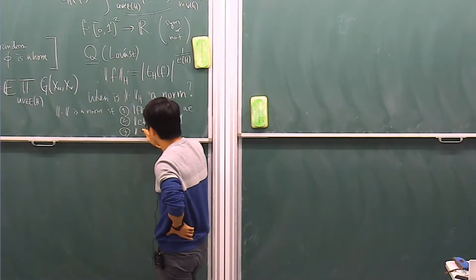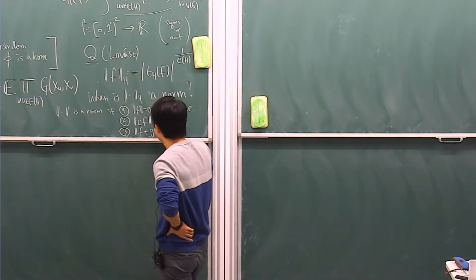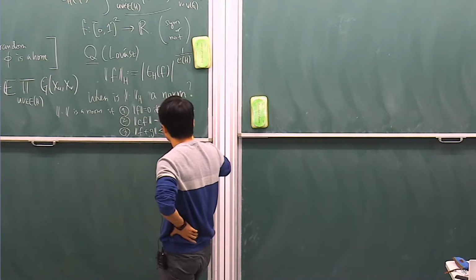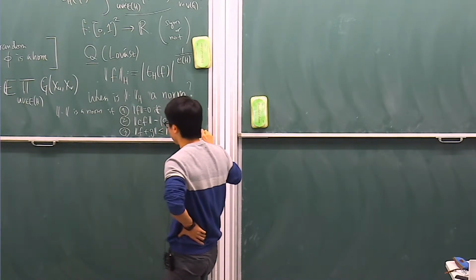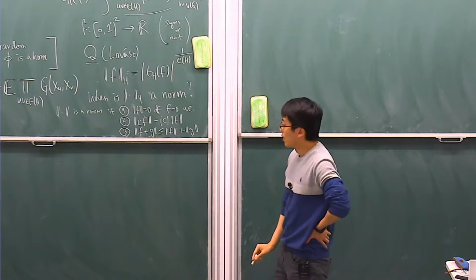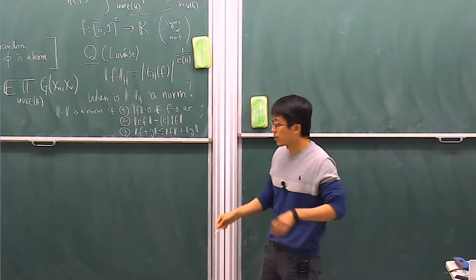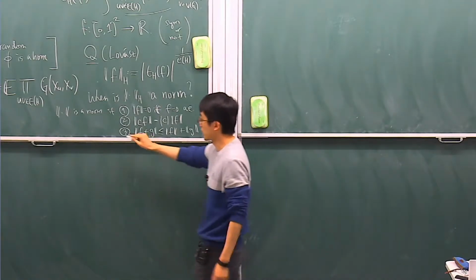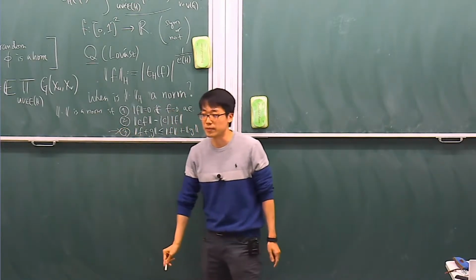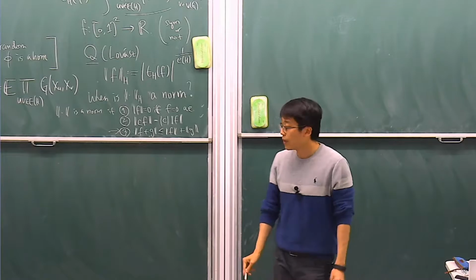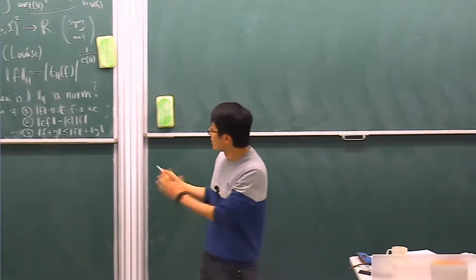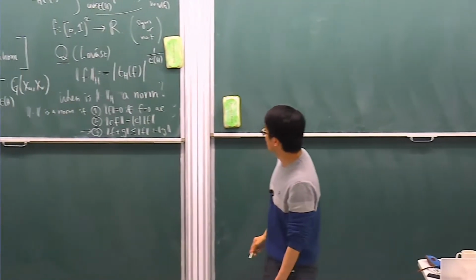And third, the triangle inequality. These are quite easy to check, so the entire difficulty lies in the third, the triangle inequality. So this is the definition of norms.